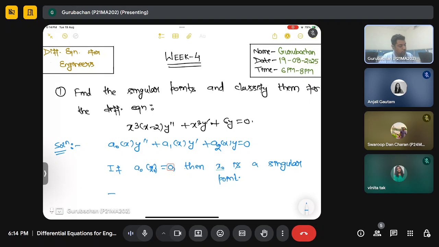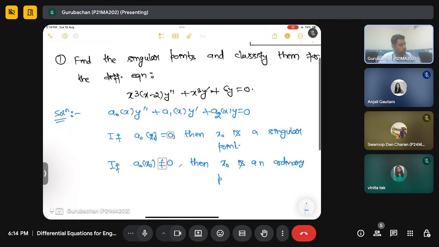While if a naught at some point x naught is non-zero, then x naught is an ordinary point. So we now know how to justify which points are singular points and which are ordinary points.